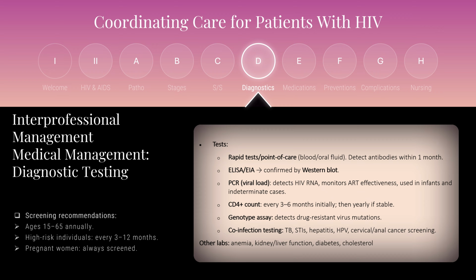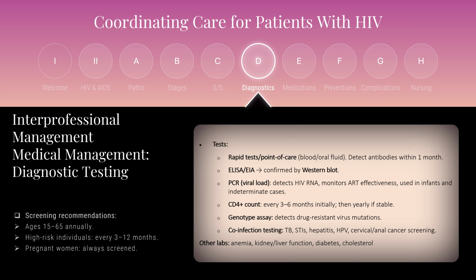The enzyme-linked immunosorbent assay, ELISA, screens for HIV antibodies in blood, urine, or oral fluid, not saliva.